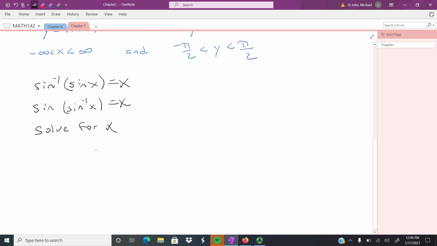And so we have 3 inverse sine x equals pi. So if I want to solve for x, first I'm going to divide by 3. So inverse sine of x equals pi/3.